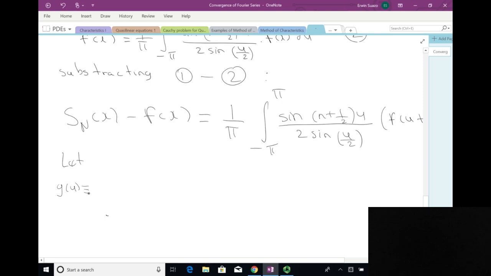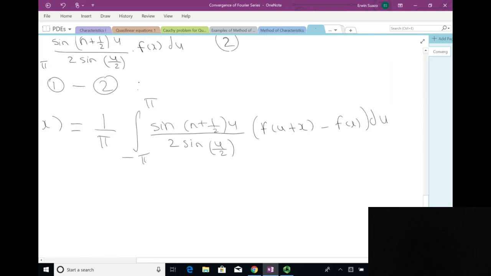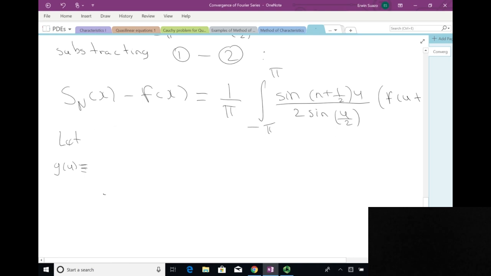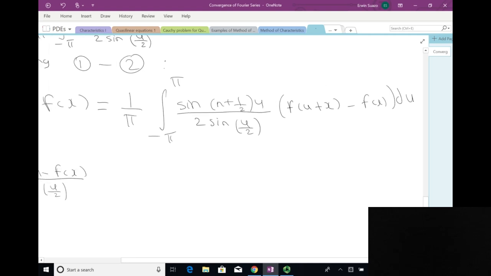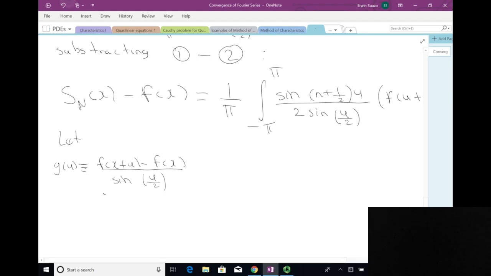Let's just for simplification call this guy g of u. This is going to be g of u equals f of x plus u minus f of x over sine of u divided by 2. So we're putting this guy over this guy, and we are calling it g of u.